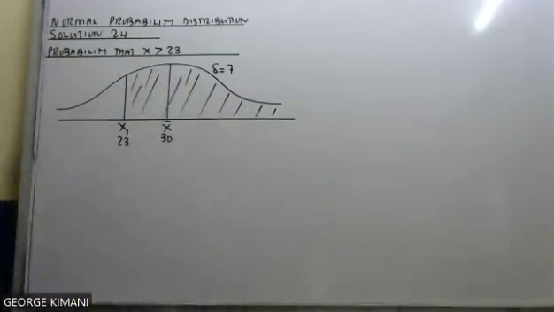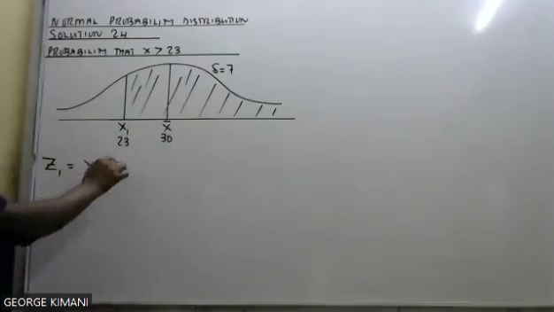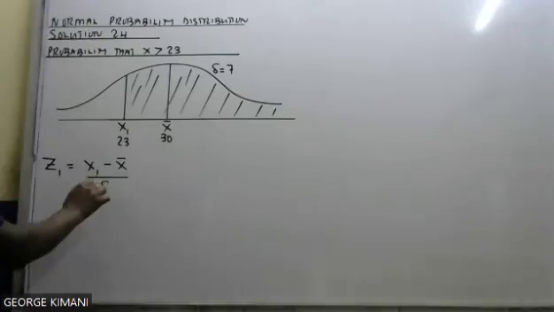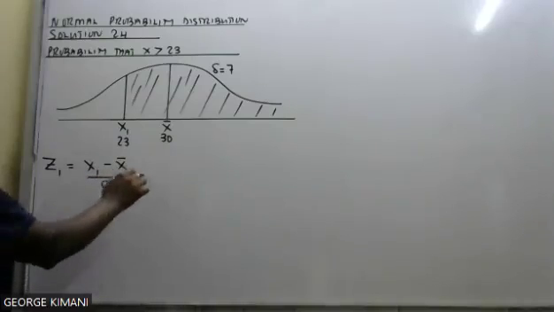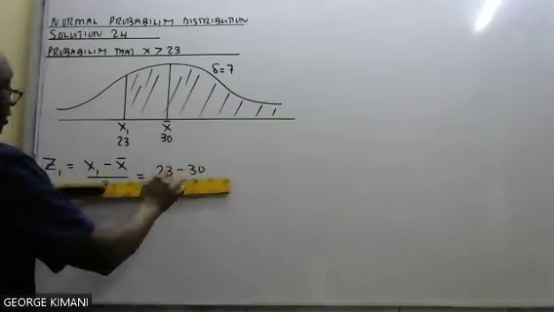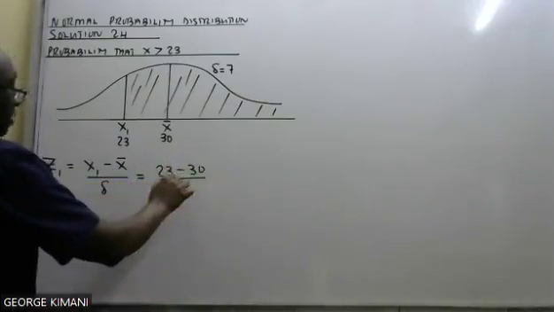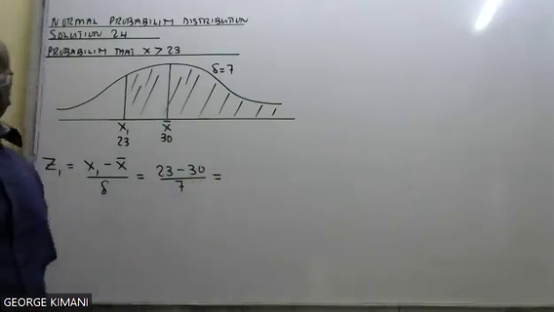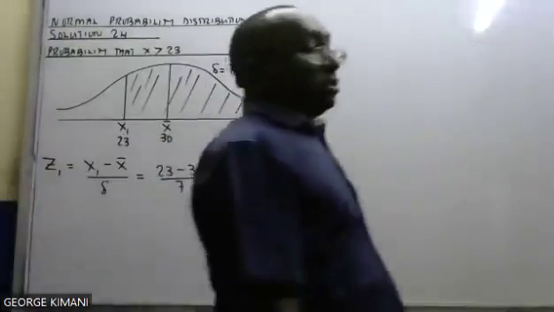Now, down there you write the formula Z1 is equal to x1 minus x bar, divided by the standard deviation. So this will be 23 minus 30, divided by 7.